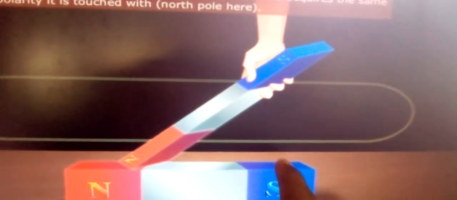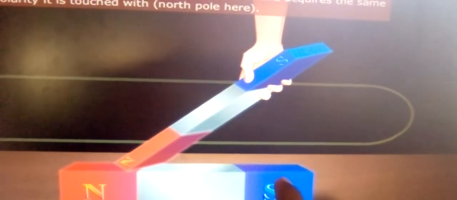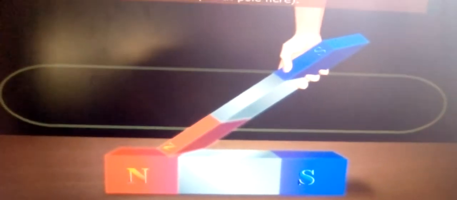If I change it and use south to stroke, this end will be north.